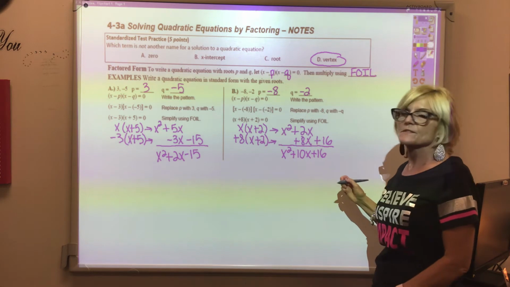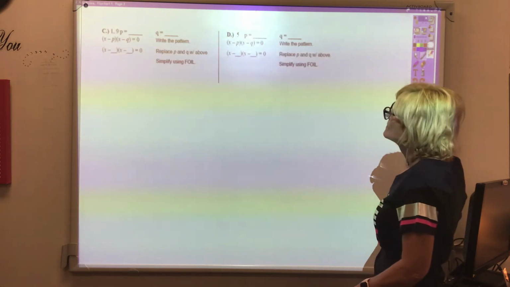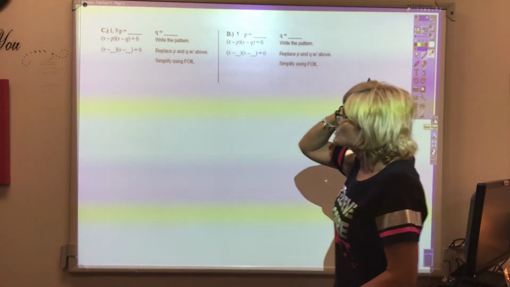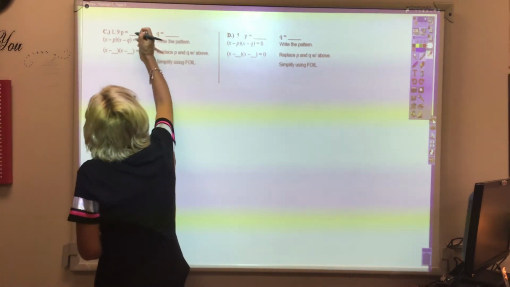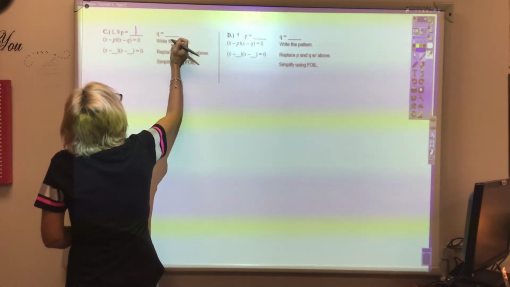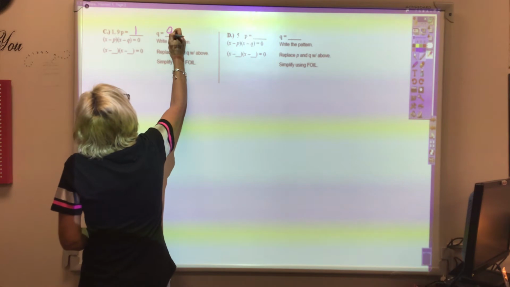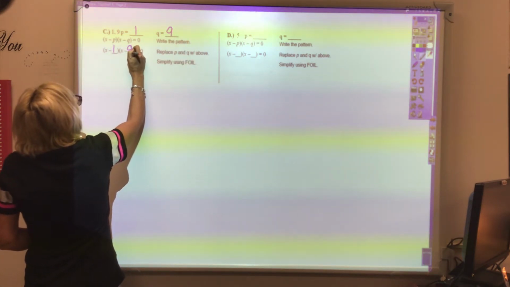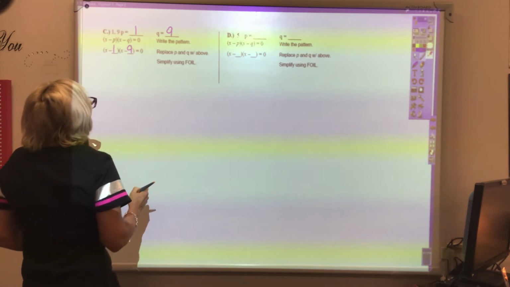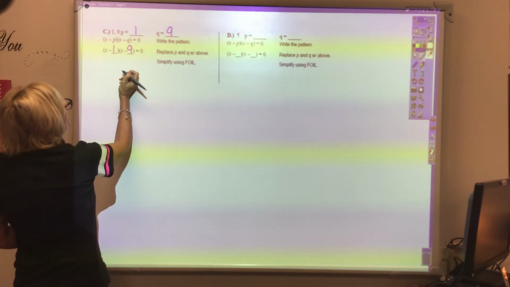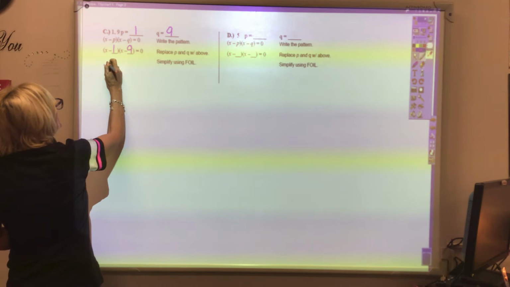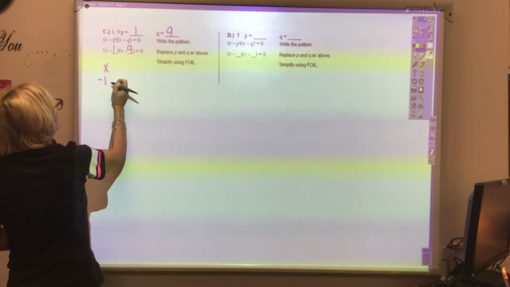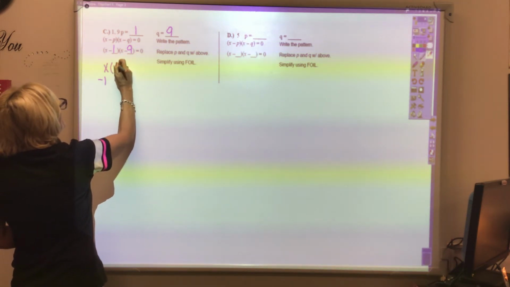Okay, go on to example C. We're going to make P equal 1 and Q equal 9. We'll put a 1 and a 9 in place of P and Q, and then we'll simplify using FOIL. So write the first one vertically, x minus 1, multiply both by x minus 9.